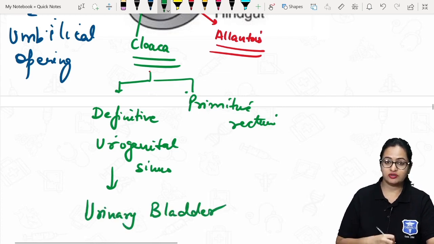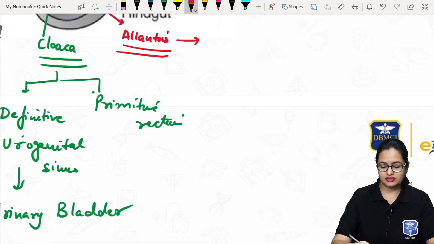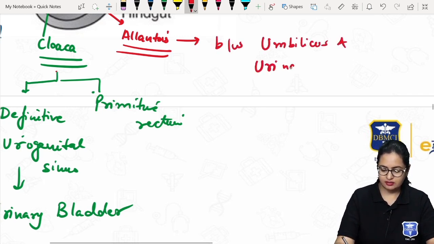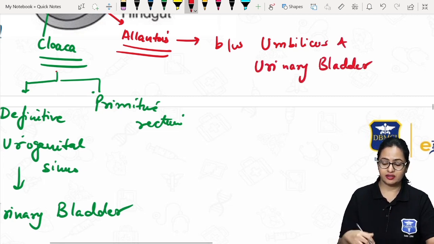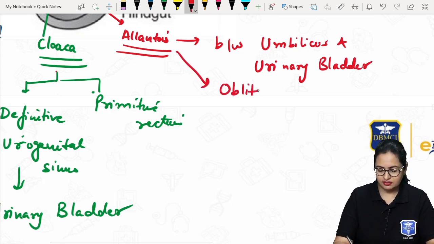And the allantois is between the umbilicus and the urinary bladder.